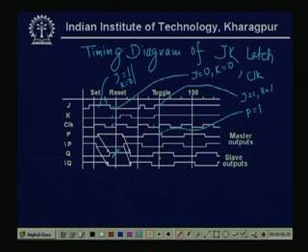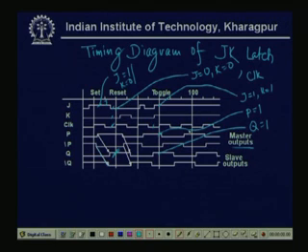Now Q becomes 1, and obviously Q complement is 0. So P and P complement are my master outputs, and here P equal to 1 and here Q equal to 1.